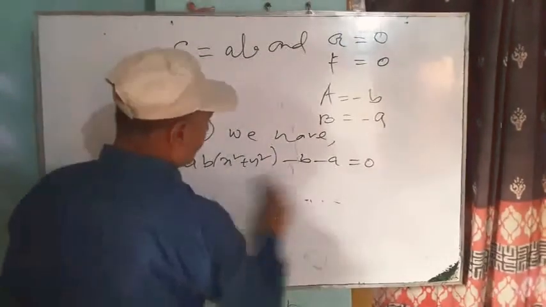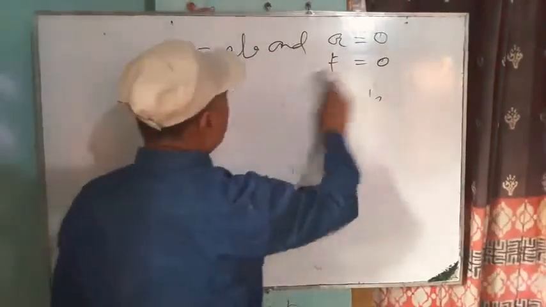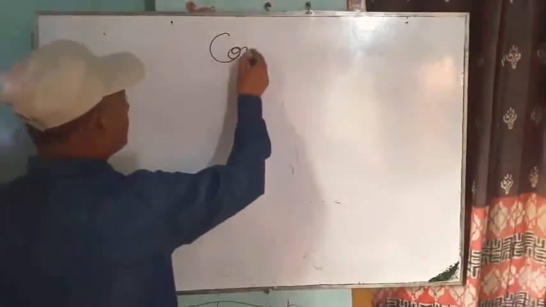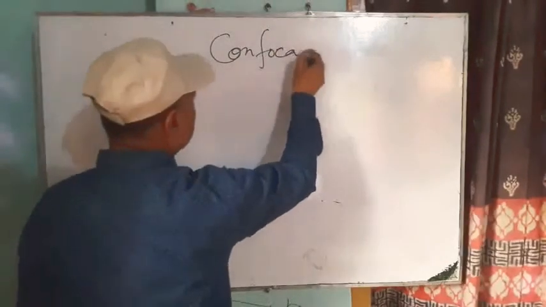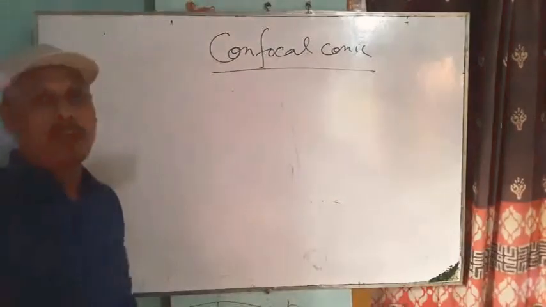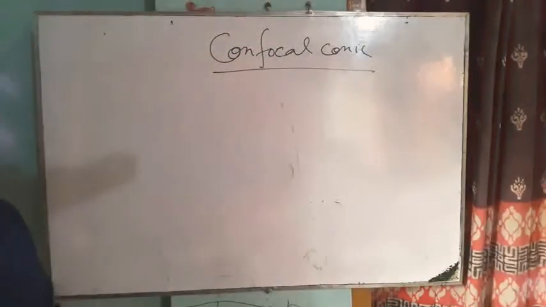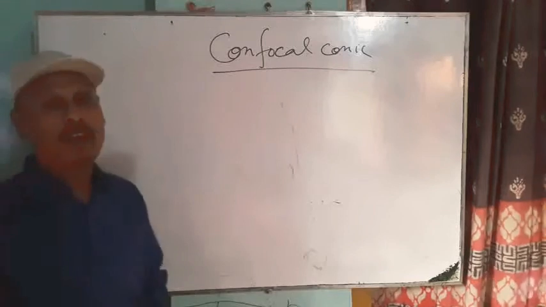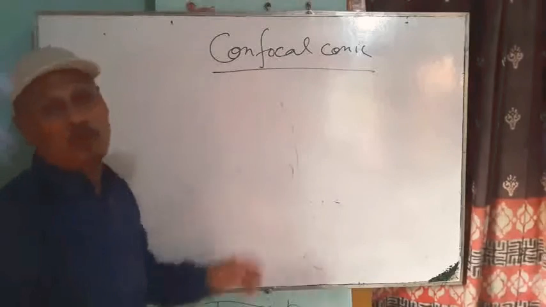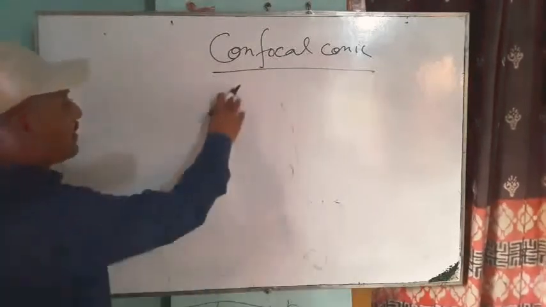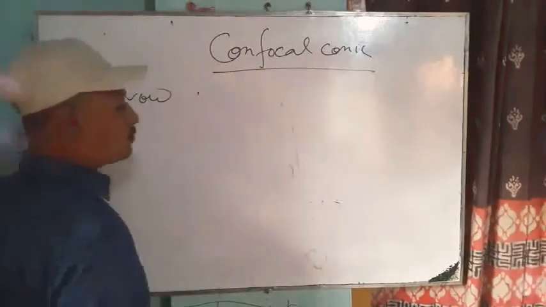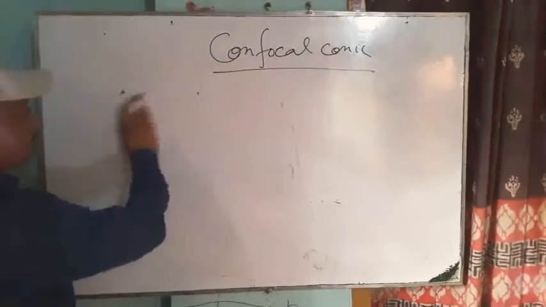Now we can define confocal conics. If the foci of two conics are the same, then the conics are called confocal. Now we can solve a problem.